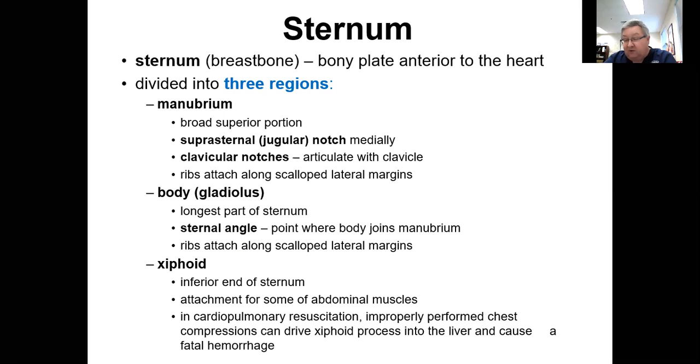Sternocleidomastoid comes from the manubrium section of the sternum and attaches to the skull on the temporal side. So you will need to know the sternum and all the muscles that attach to it. Know the parts of the sternum: the manubrium, the body, and the xiphoid process.